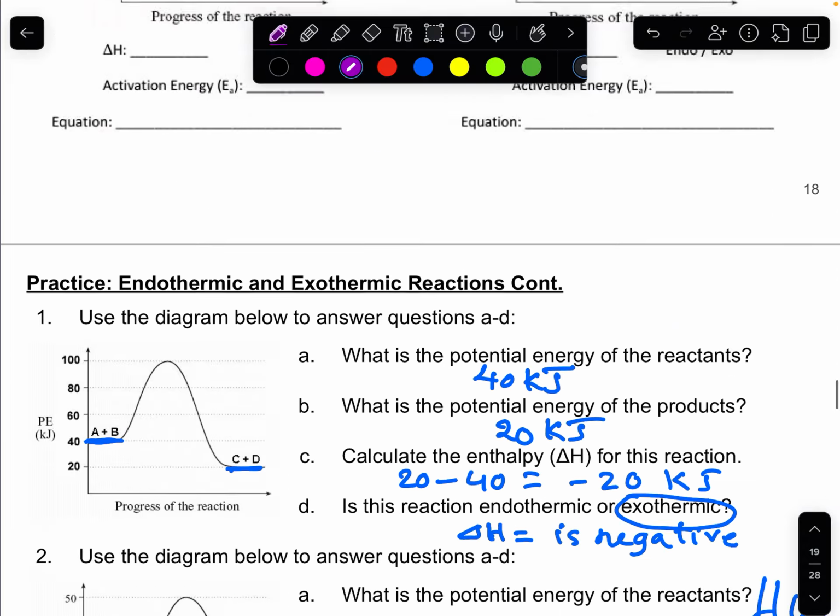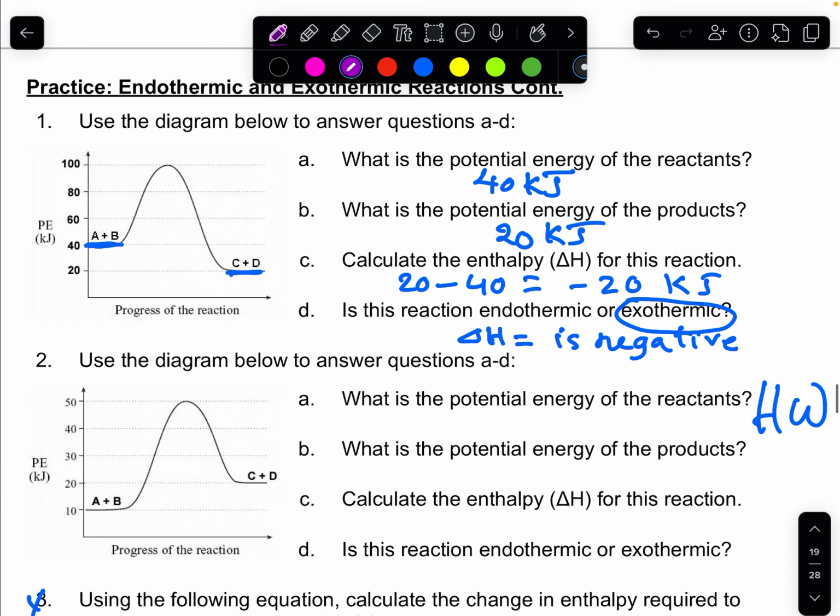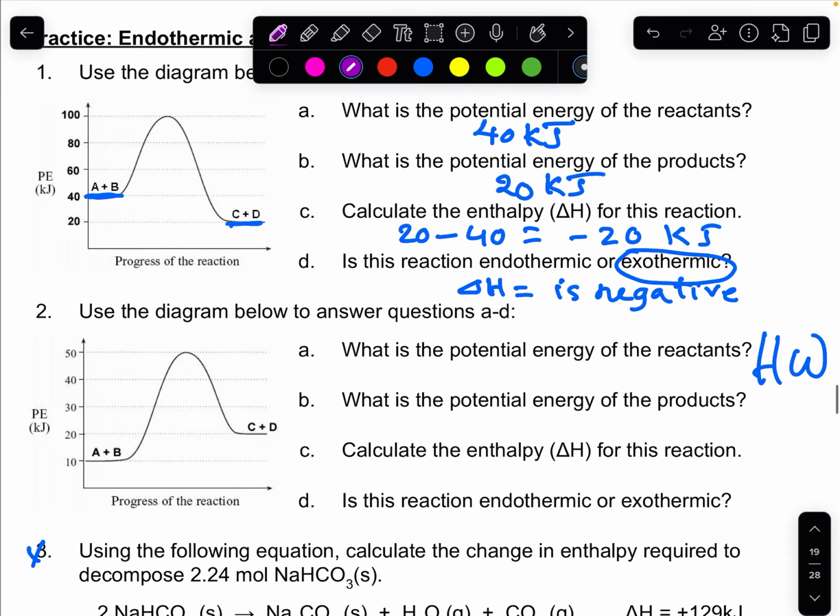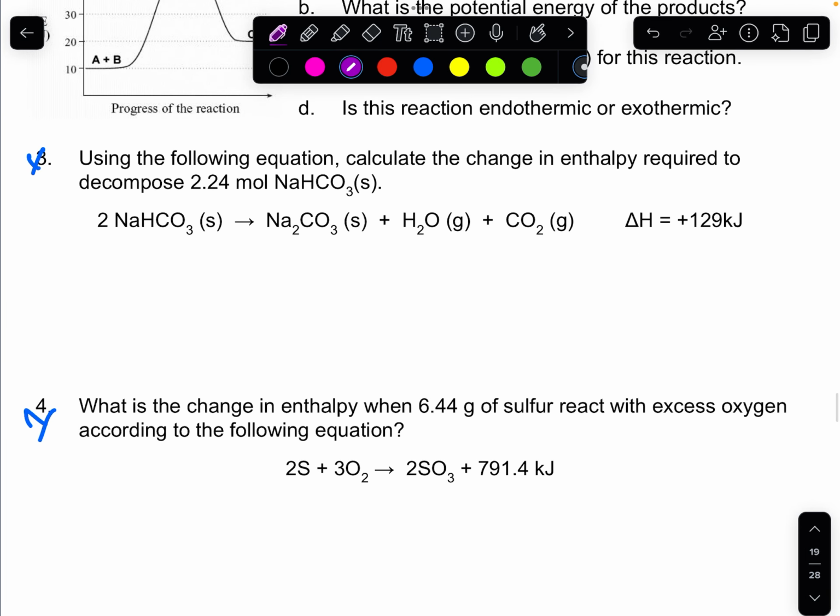Now do these two questions, and this is also the same kind of question. It is asking what is the potential energy of reactant, what is the potential energy of product, calculate the enthalpy change, and if delta H is negative, is it exothermic or endothermic? Then this question is stoichiometry. You want to find, if you are decomposing this much, how much change in enthalpy there will be.